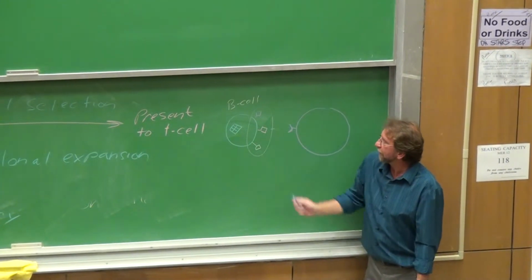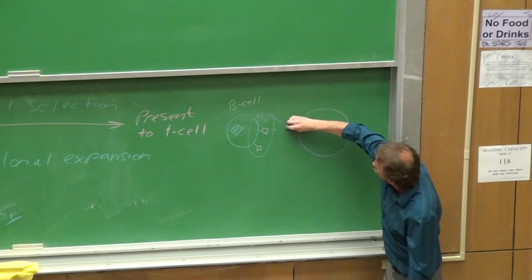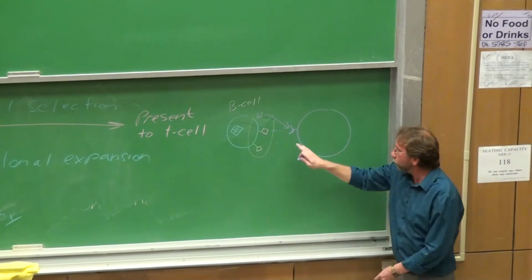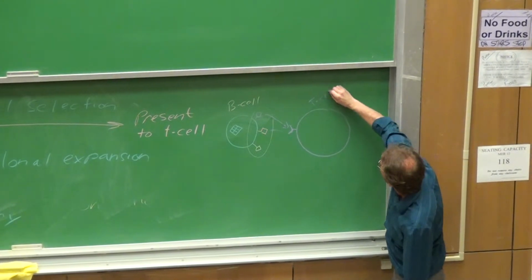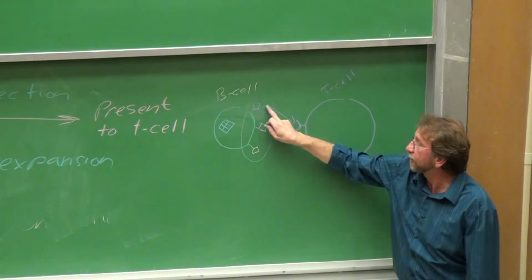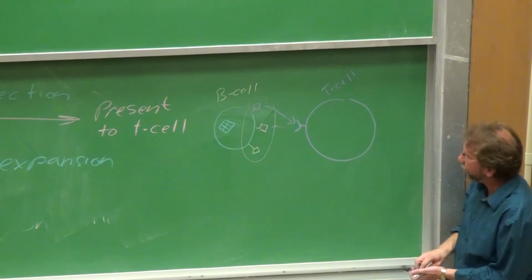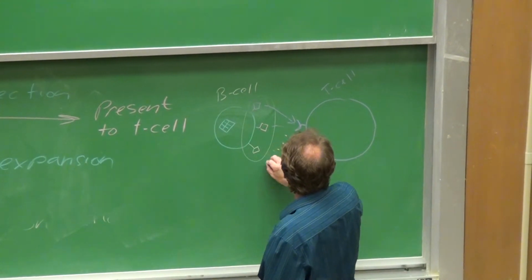And it doesn't recognize this one that it's being presented, but it turns out that it does recognize this one as it's being presented. Let me write this as a T cell here. So, in recognizing this epitope that's being presented, this antigen that's being presented, the T cell then can release cytokines.